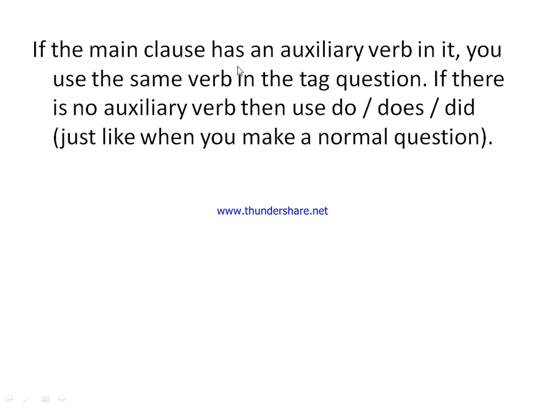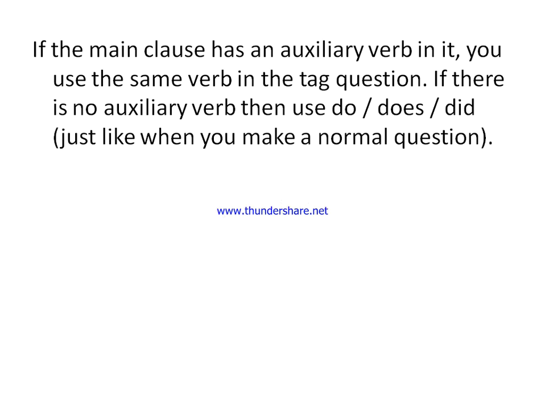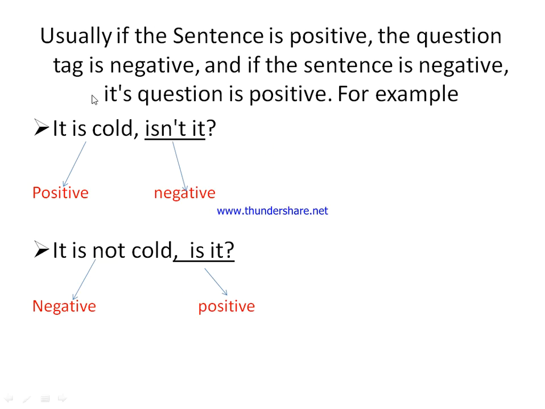If the main clause has an auxiliary verb in it, you use the same verb in the tag question. If there is no auxiliary verb, then use do, does, did, just like when you make a normal question. So when you find a sentence having an auxiliary, you use the same auxiliary in forming the question tag.